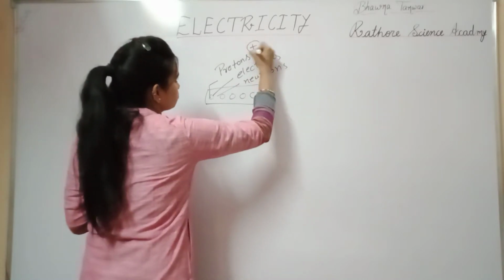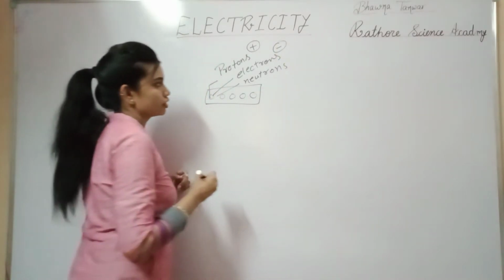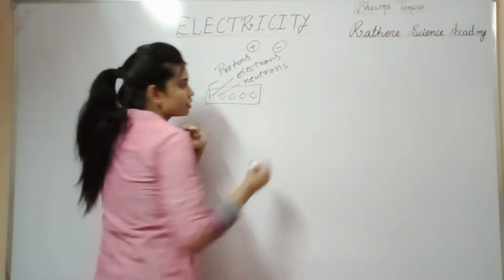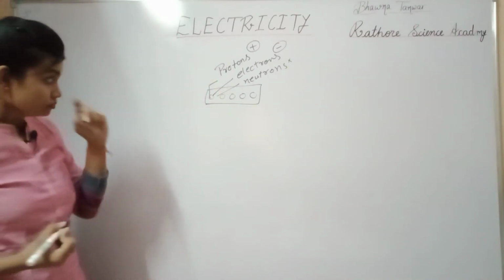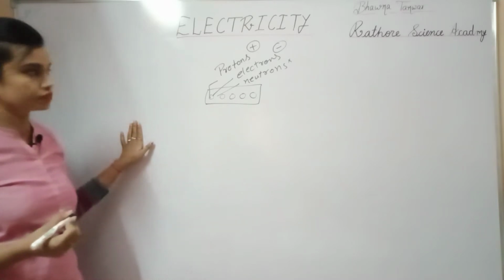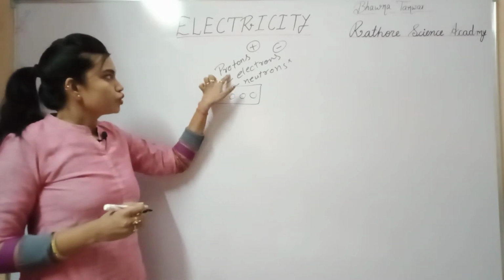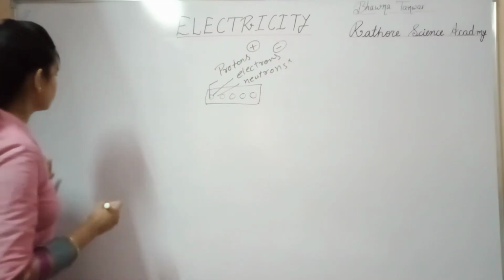Protons are positively charged, electrons are negatively charged, neutrons are neutral, no charge. So with this understanding we will go through this chapter. Protons positively charged, electrons negatively charged. So let us discuss charges.